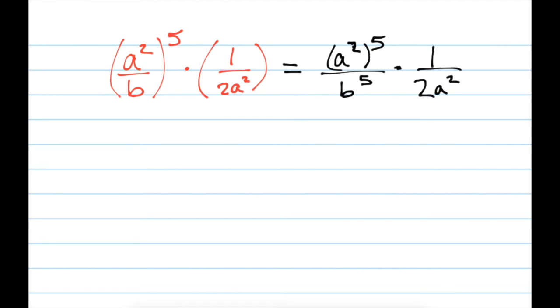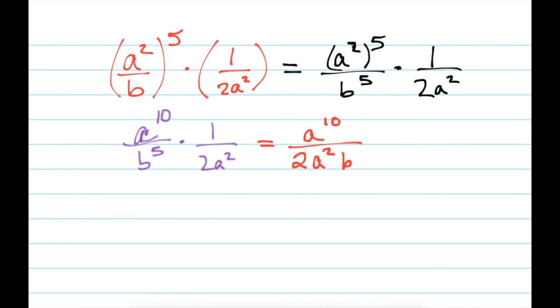Now I apply my power of a power property, which says when I have a to the second power to the fifth power, I multiply those powers and get a to the 10th power. Now I simply multiply my fractions together, and I have a to the 10th on top, and on the bottom, I always write the number first, and then I put my variables in alphabetical order.